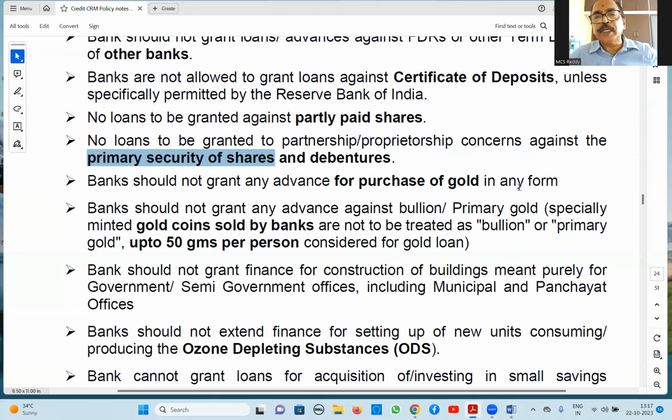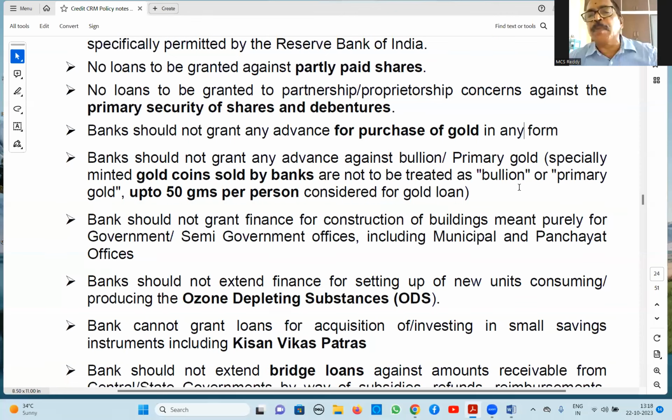Purchase of gold coins or gold bullion, meaning bars or biscuits: don't keep it for security. Only coins up to 50 grams sold by banks can you consider for gold loans.